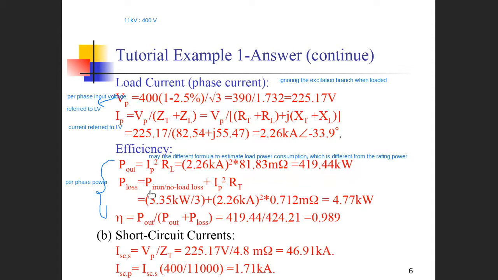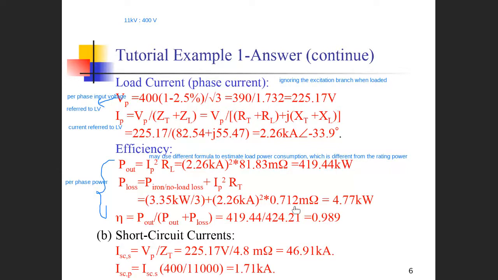Okay, losses. So the losses include the core losses and the copper losses. Now here, the core losses are given, but for three phase here we got per phase values. And for the internal copper losses, here the secondary referred current, I per phase, we estimated 2.26 kiloamperes, squared, times the internal transformer resistance.